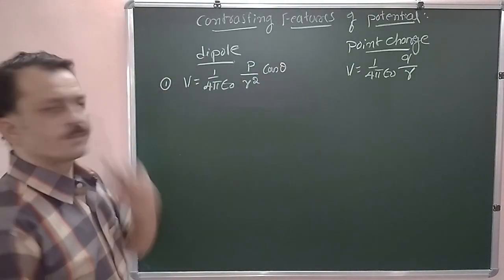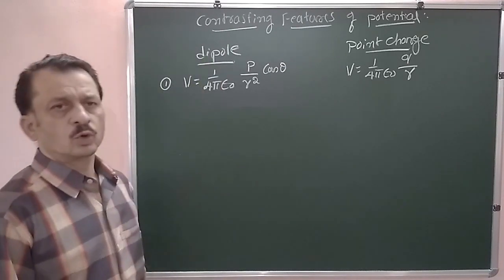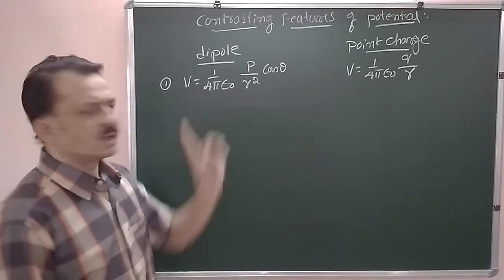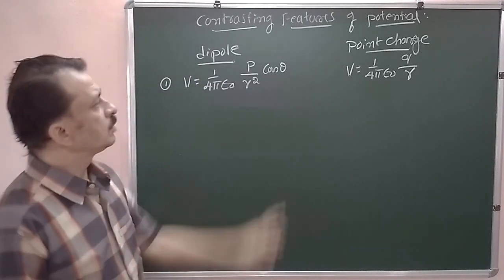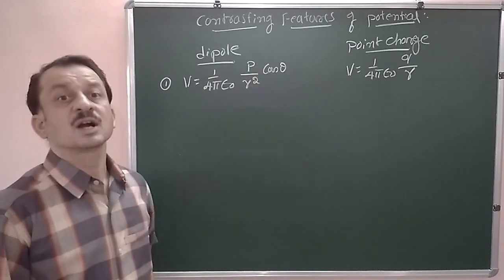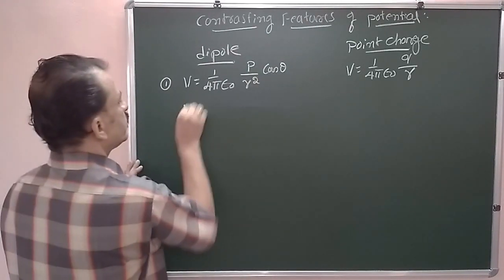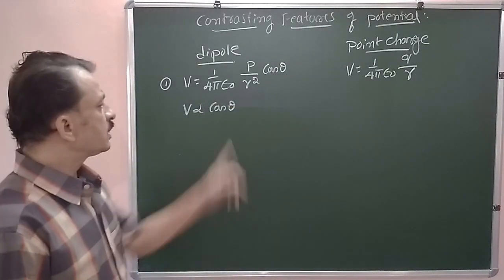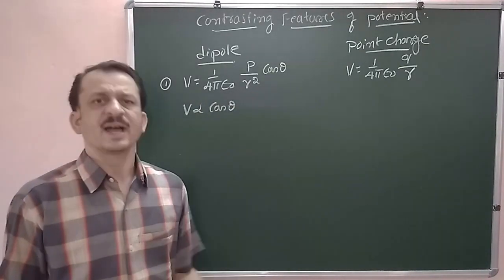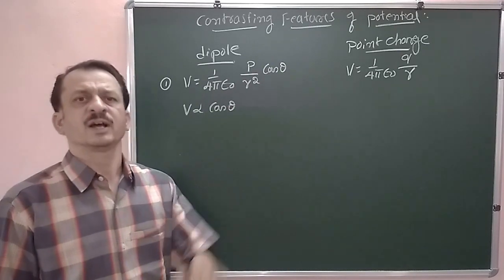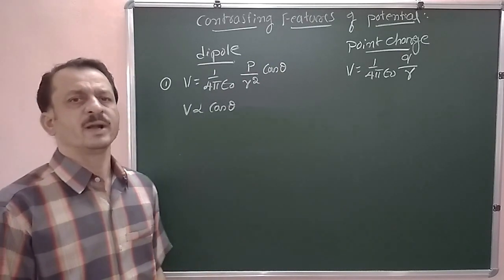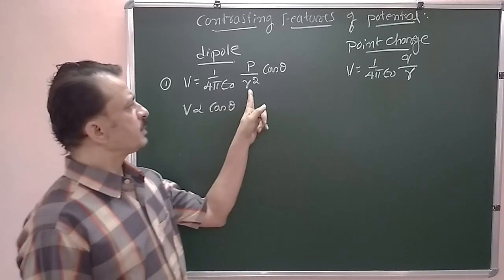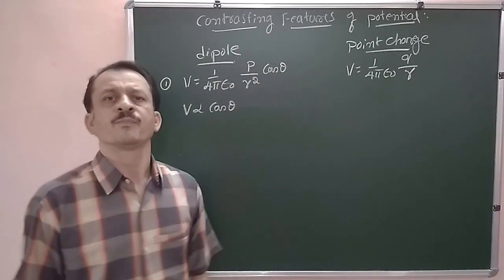So look here, potential due to a dipole not only depends on r, but also depends on cos theta. Here theta is the angle between the position vector and the dipole moment. Therefore, potential not only depends on r, but also on the angle.